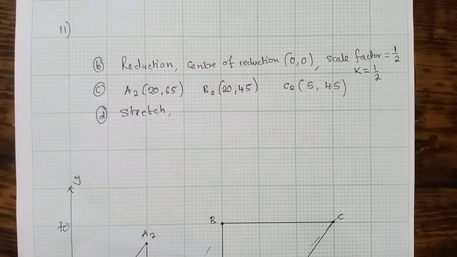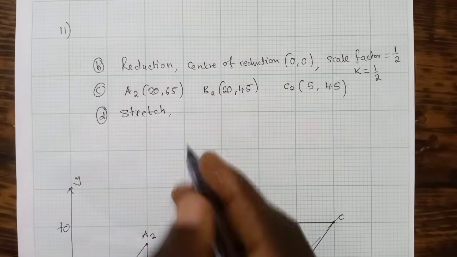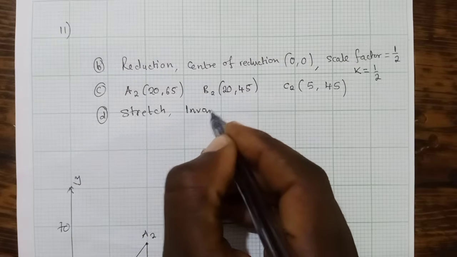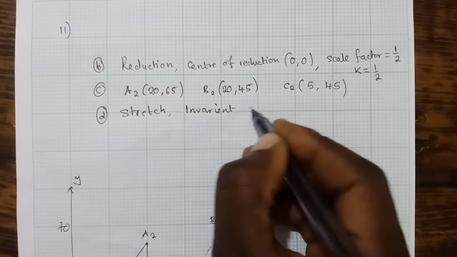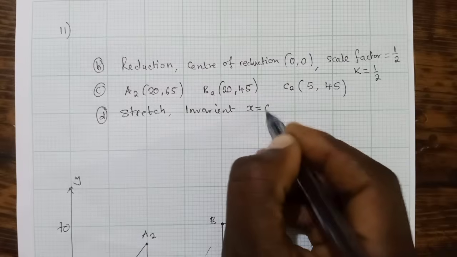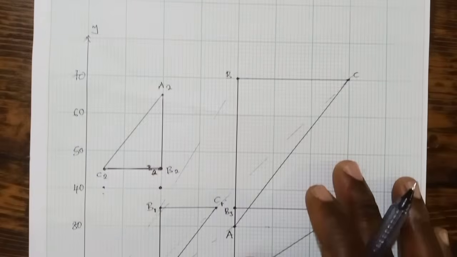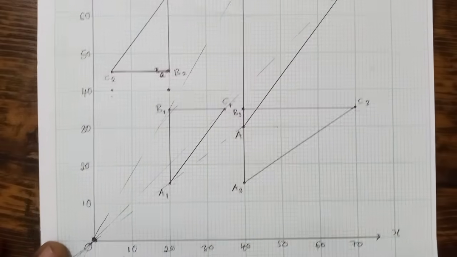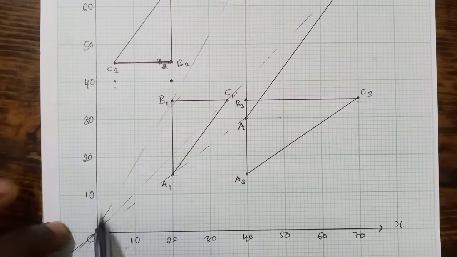You can also find what we call the invariant line. So the invariant line in this case is x is equal to 0. Okay, x is equal to 0 right here. So it's coming from here going that way.